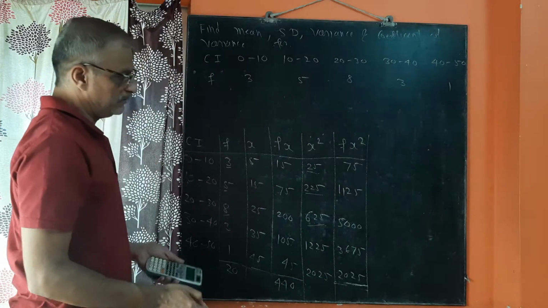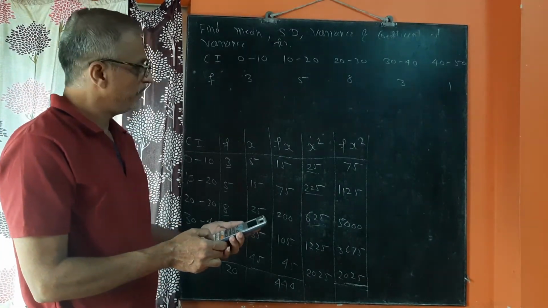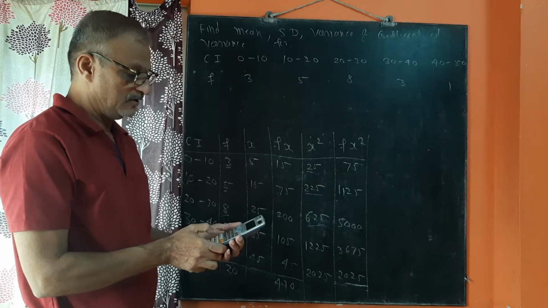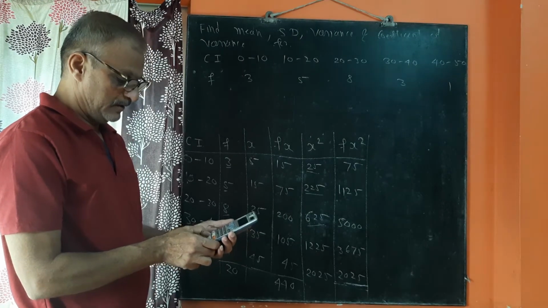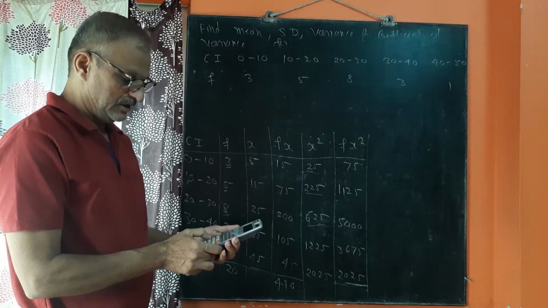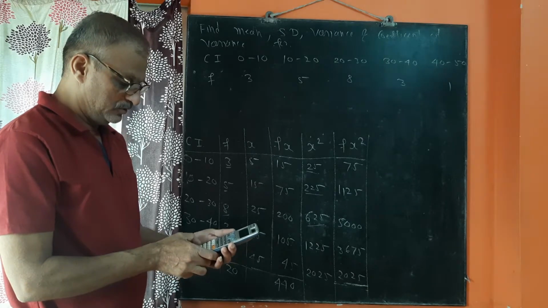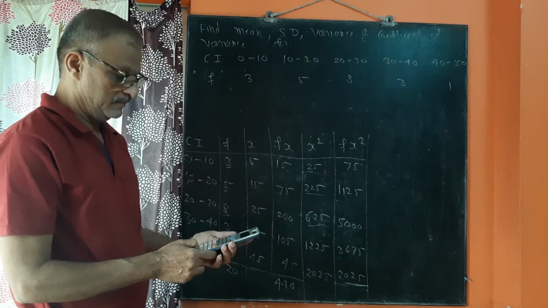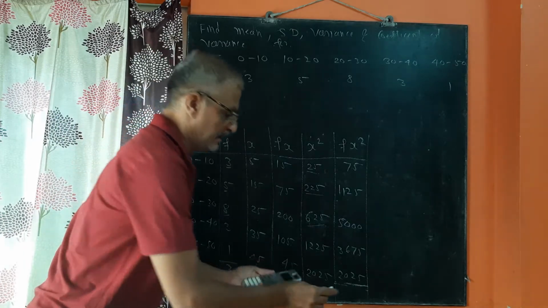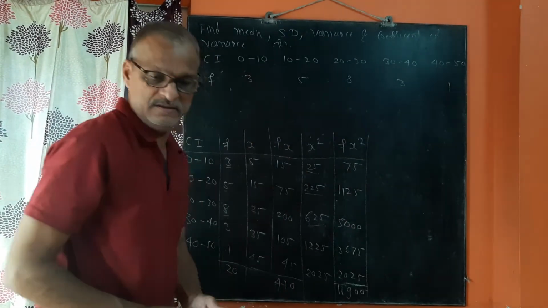Let us find the sum of those values: 75 plus 1125 plus 5000 plus 3675 plus 2025 is 11,900.